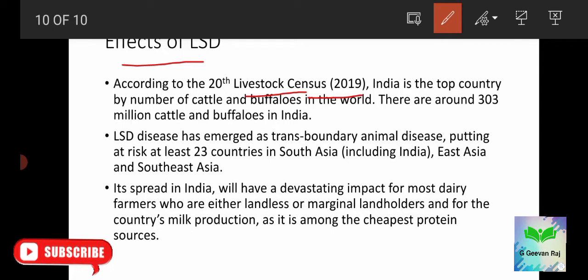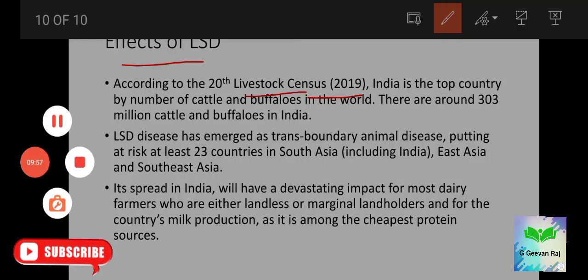Lumpy skin disease is a disease which affects buffaloes and cattle mainly. So, India will have a huge impact in the dairy sector and the livestock sector due to this disease. That is a major concern because India has the most number of cattle in the world.